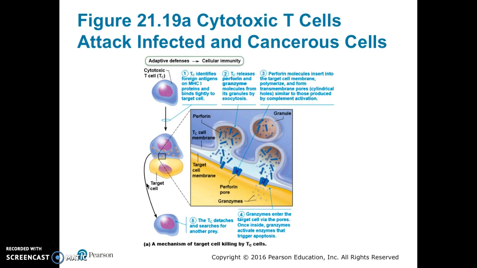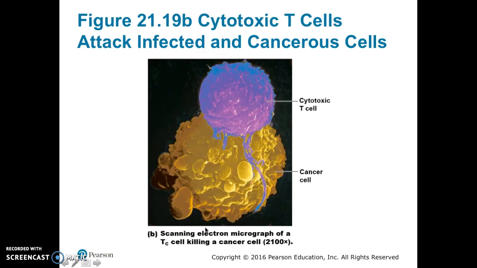Granzymes enter the cell via the pores, and the granzymes activate the enzymes that trigger apoptosis. The cytotoxic T cell detaches and then searches for another prey. So we see all this occurring in here. Here's an SEM of a cytotoxic T cell killing a cancer cell.